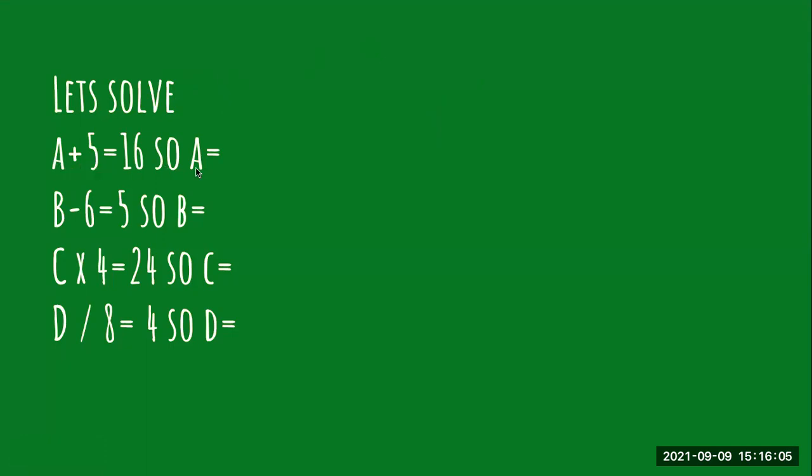So we got the variable a is equals to, after is equals to, there's 16. So plus changes to minus, 16 minus the remaining number, 5, is equals to 11.